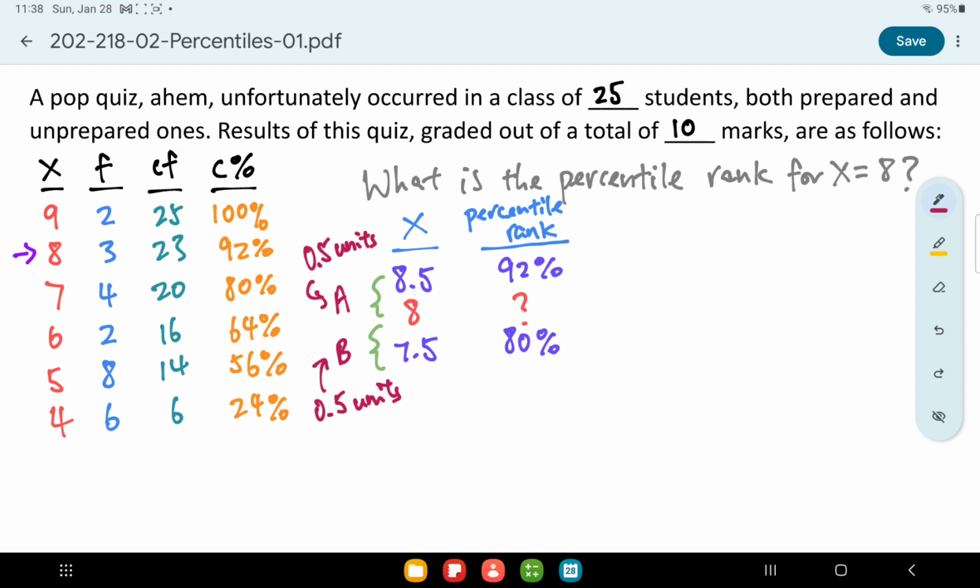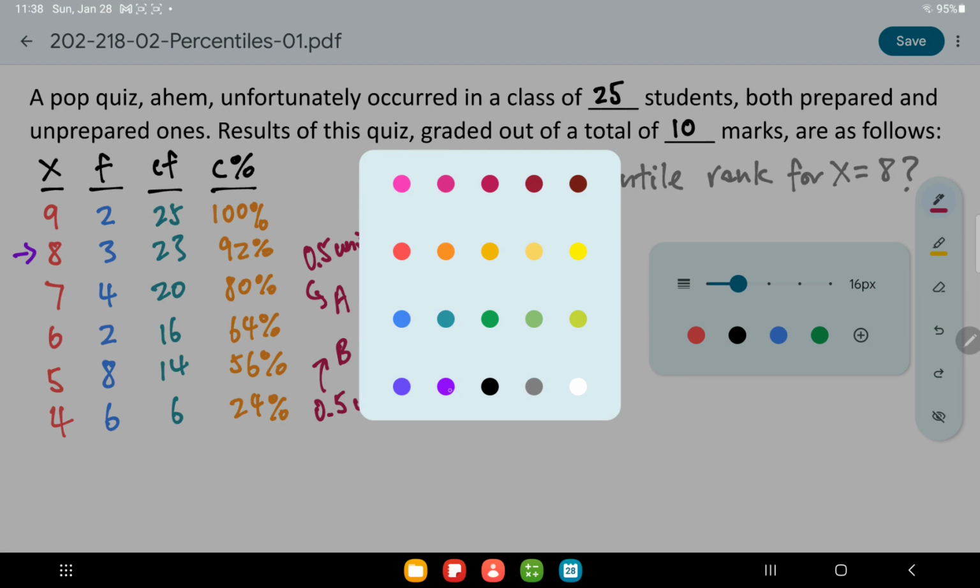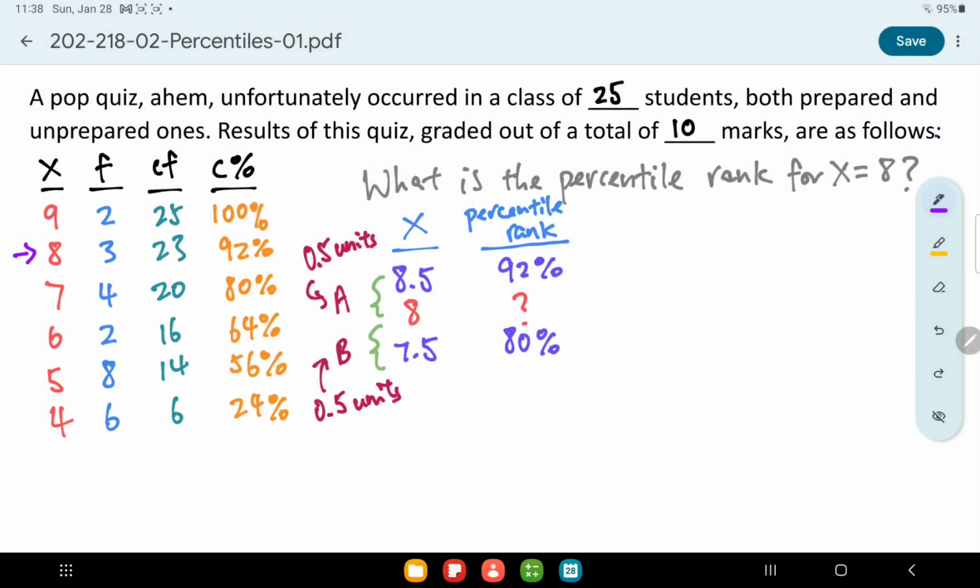Now, in this situation, we can, in a rather straightforward fashion, determine right away that the percentile rank that corresponds to x equals 8 is right smack in the middle.